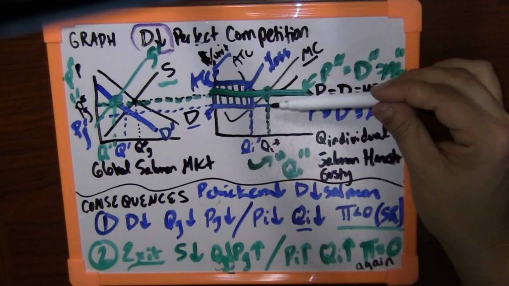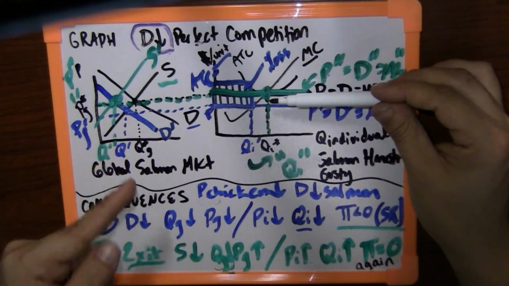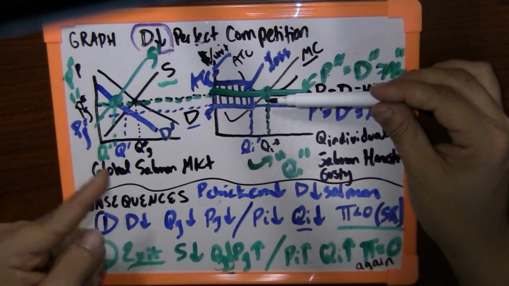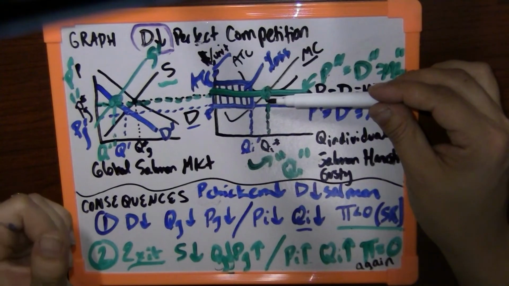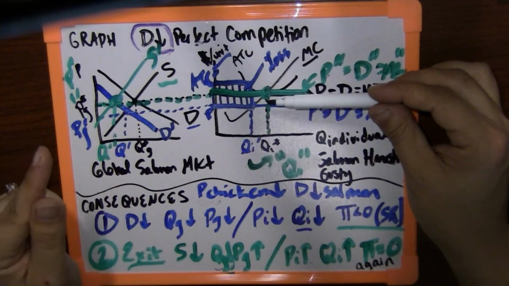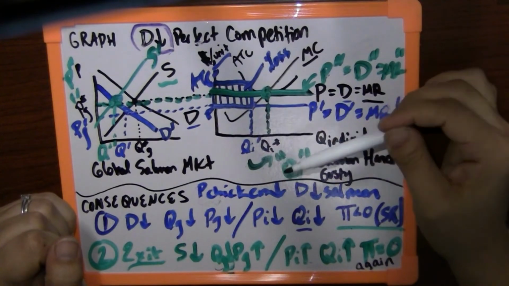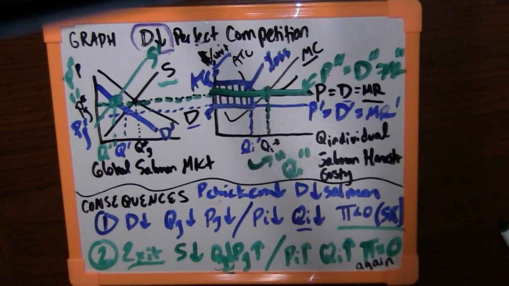Okay? Because of the forces of entry and exit, there's no barriers to getting in and out. We have to assume it's very, very easy to sell your boat and your nets, and that there's no permits, right, keeping people out. That means that when there's a shock to demand, people leave, and the people who are left are no worse off in the long run. Now that long run could take a really long time to get there, right? So you could see loss for quite a while.